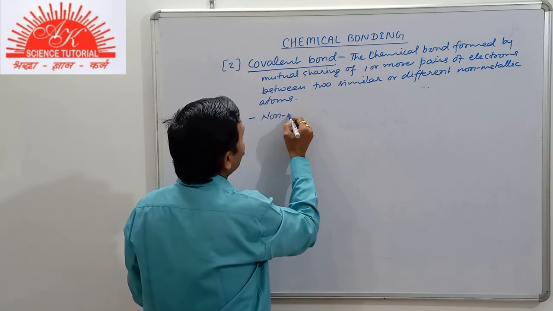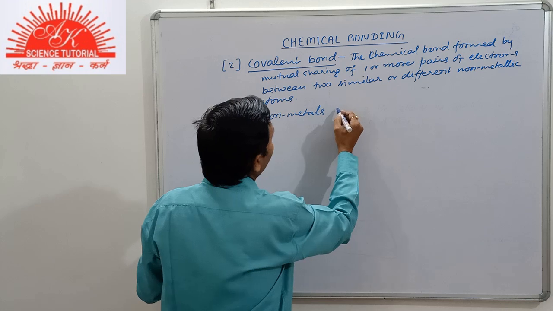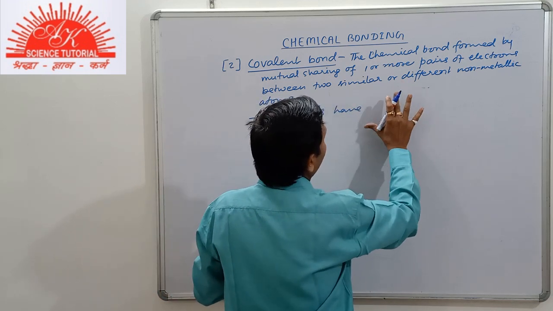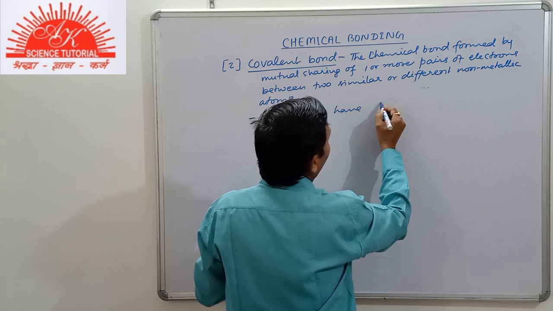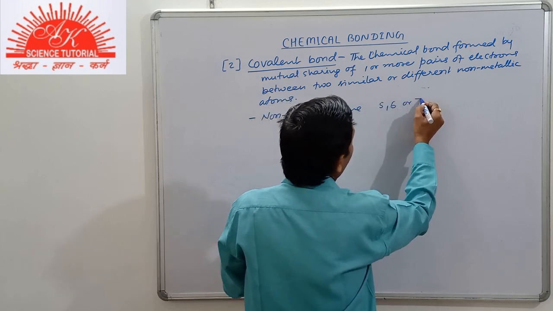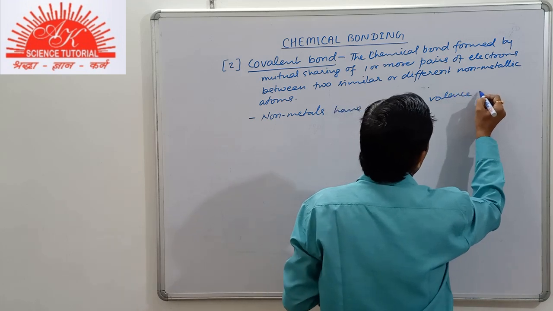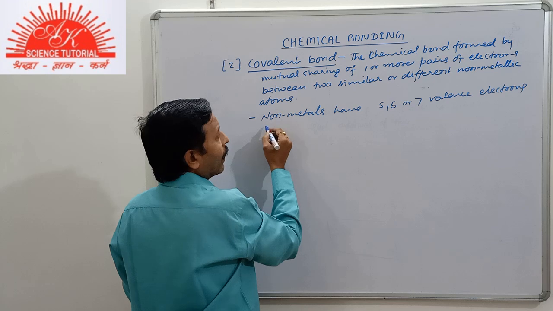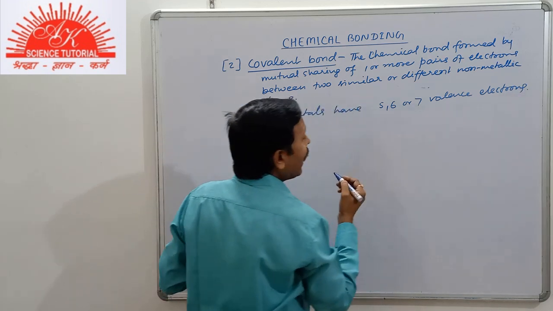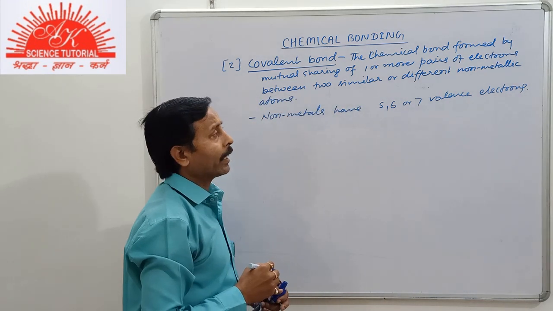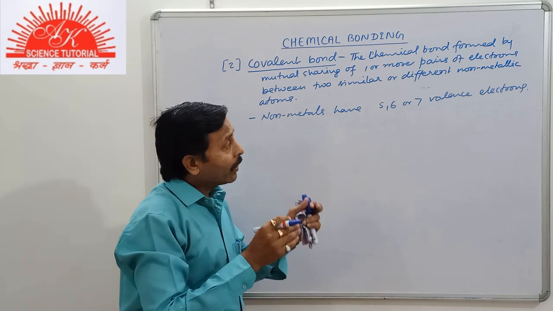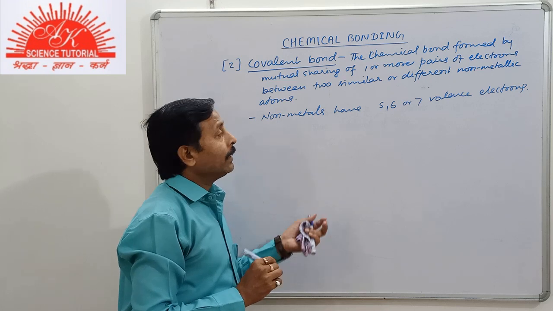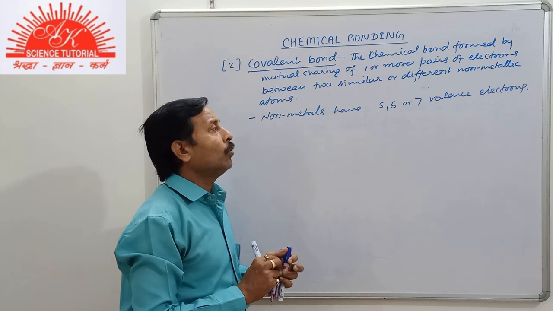non-metals have 4, or we can say directly from 5, 6 or 7 valence electrons. They have a tendency to gain electrons. They cannot lose electrons. So if two non-metallic atoms are involved, neither of them will be able to lose electrons.